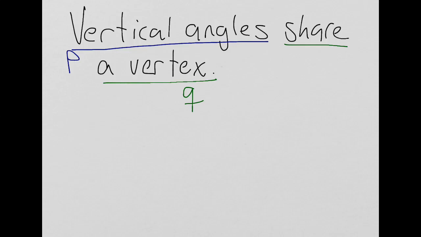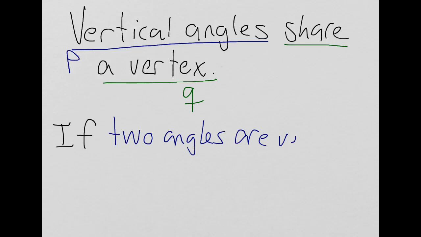So then, if I rewrite this, I'm going to write it as if two angles are vertical, and notice that I added in a couple of extra words to just make it sound nice.